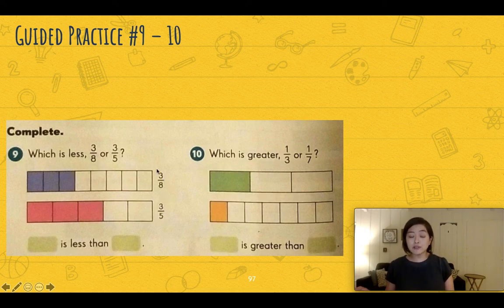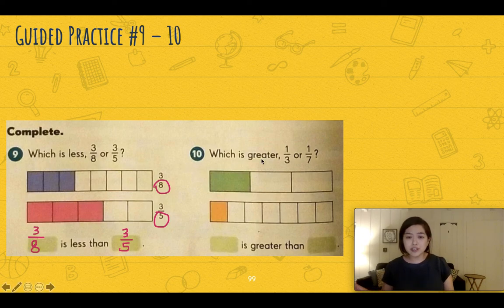So the greater fraction is the one where the denominator is less. 5 is less than 8, so 3/5 must be the greater fraction. And when I look at my model, I see that's true, because 3/5 here, the shaded parts, is larger area than the purple area here, right, in the first model. So 3/8 is less than 3/5.